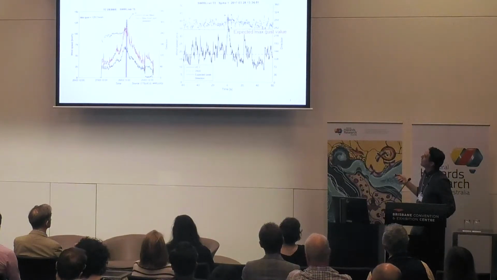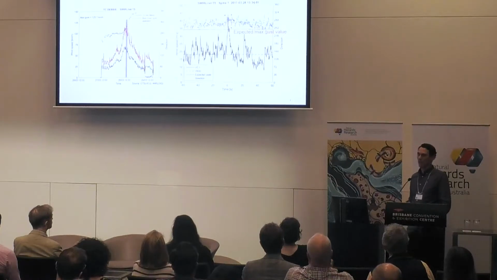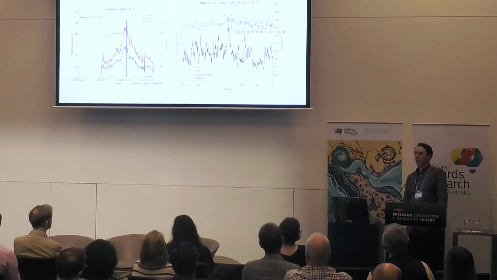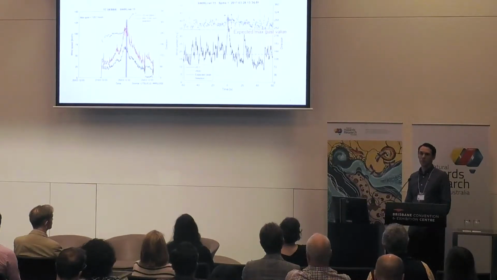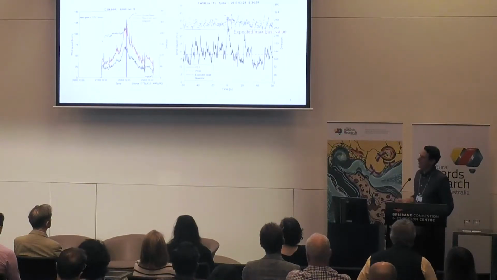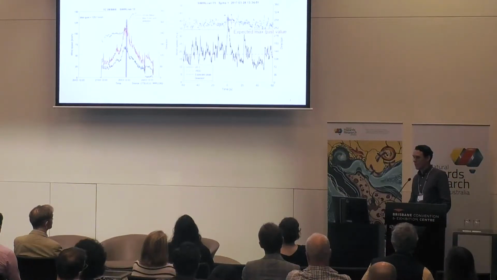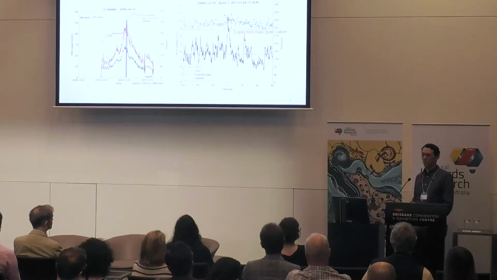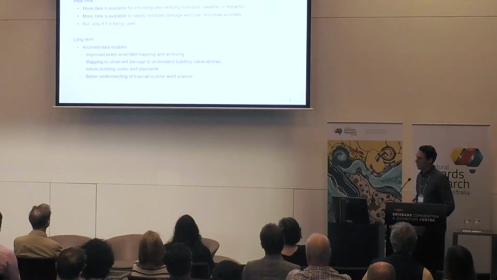But here what we're getting is something that's about 25% higher. And to be honest, we don't know why we're getting these extreme gusts, but it happened 3 or 4 times on the way down into the eye of Debbie. If we're getting this type of unknown gusting occurring quite often, this will trigger damage, and we need to try and understand why these things are occurring. I won't go through that because it'll take too much explanation.